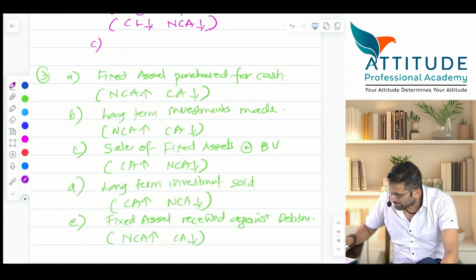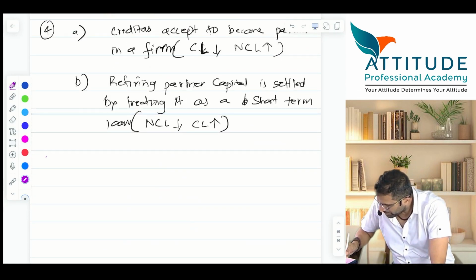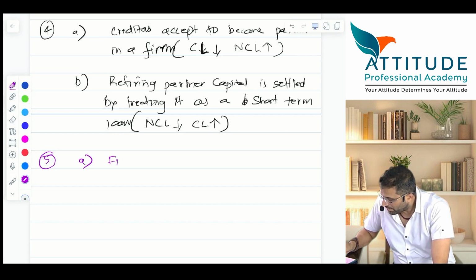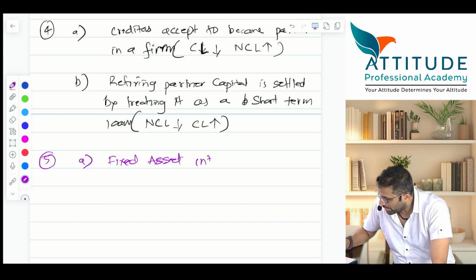fifth one, tell me. Fixed assets introduced into the business as capital.